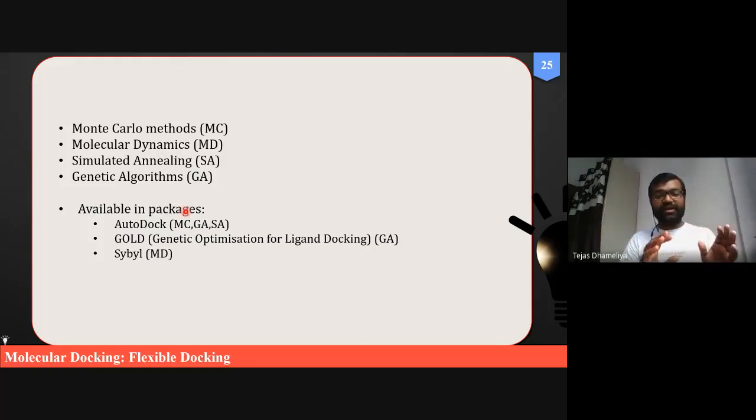Depending upon the nature and structure of the ligand, the receptor will change its conformation. This is called flexible docking, where protein and ligand both are flexible.